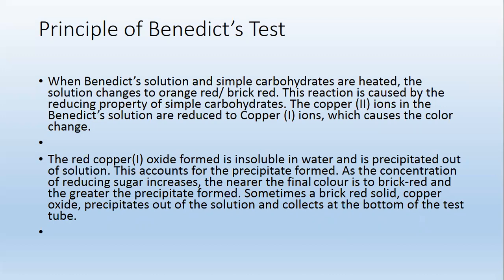The copper II ions in the Benedict solution are reduced to copper I ions, which causes the color change. The red copper oxide formed is insoluble in water and is precipitated out of the solution. This accounts for the precipitate formation.